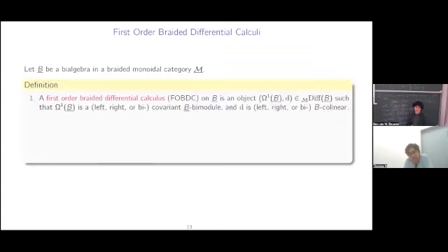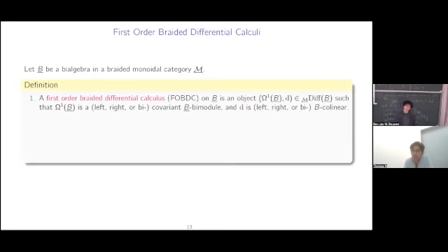So we have a first-order braided differential calculus on B underlined. Just to fix some notation, usually when you read B underlined, I'm talking about a braided bialgebra, at least. Usually it's a braided bialgebra or a braided Hopf algebra. But I will say this quite a lot of times.